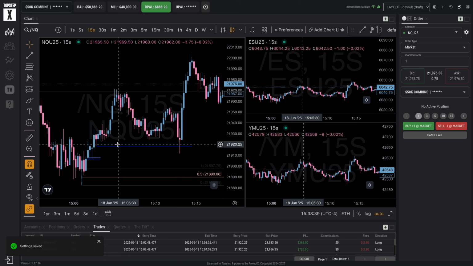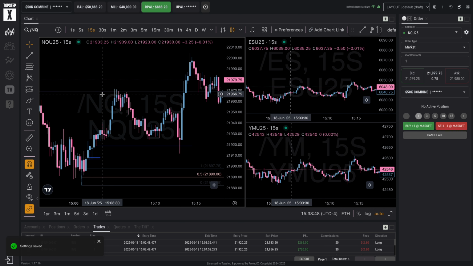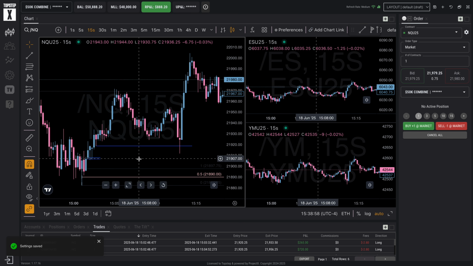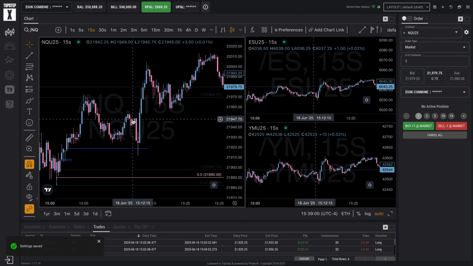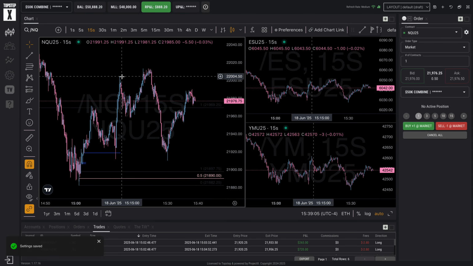So just call it 20, 21, 920 to, that's 50 points. In, let's see, 1, 2, 3 minutes. This is a 15-second chart. And it would have ran even higher.